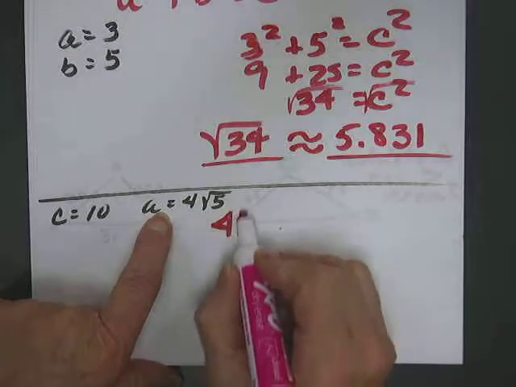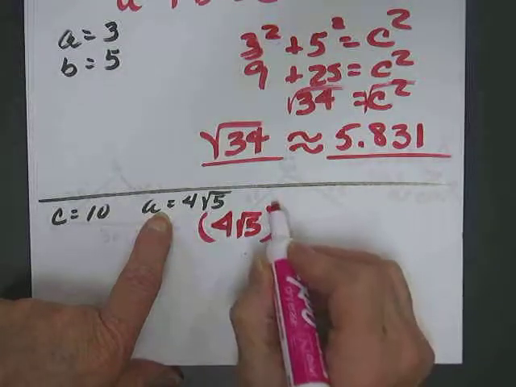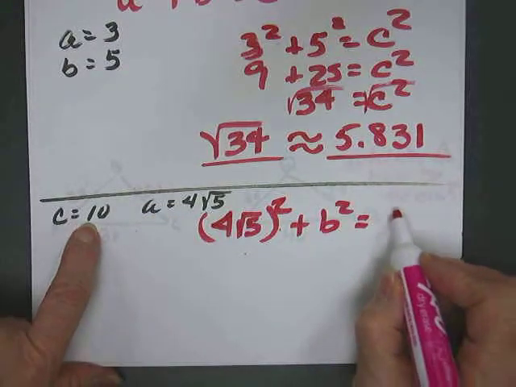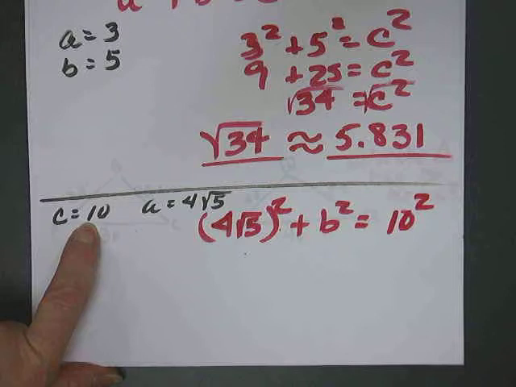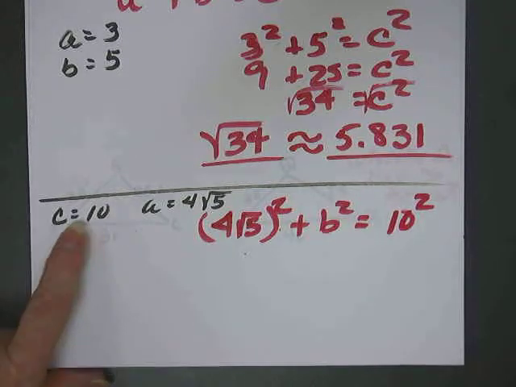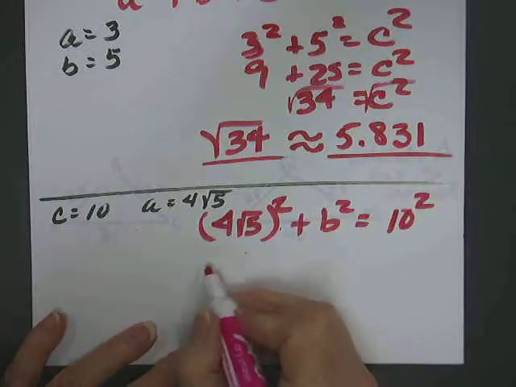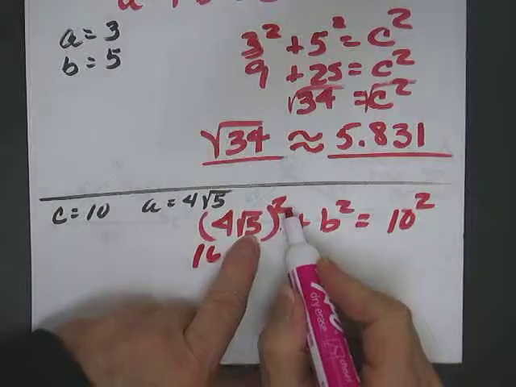Okay, so A squared would be 4 square root of 5 squared, plus B squared equals C squared. To square 4 square root of 5, you do 4 squared is 16.